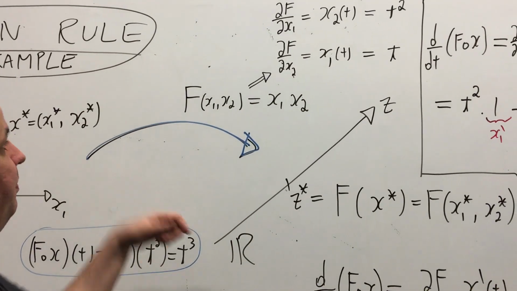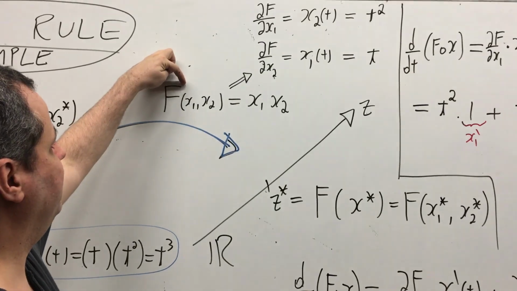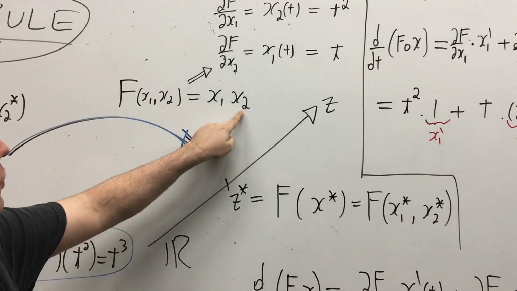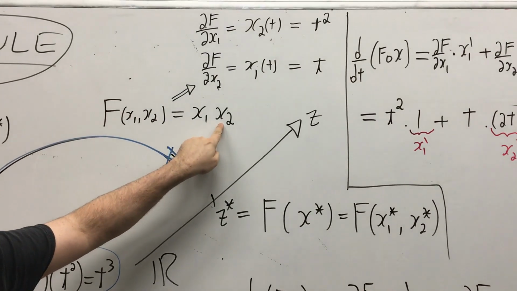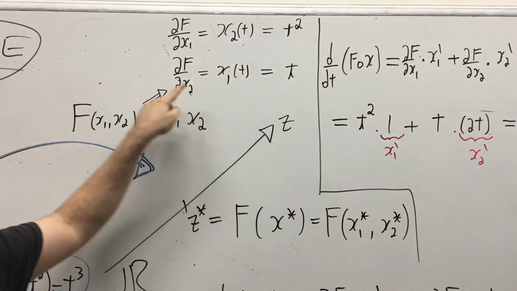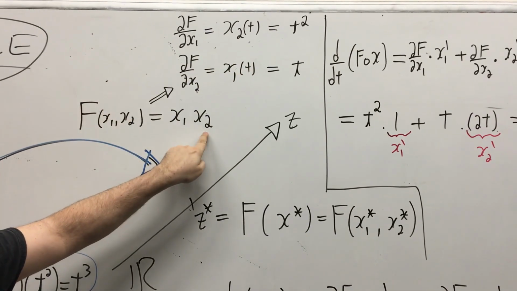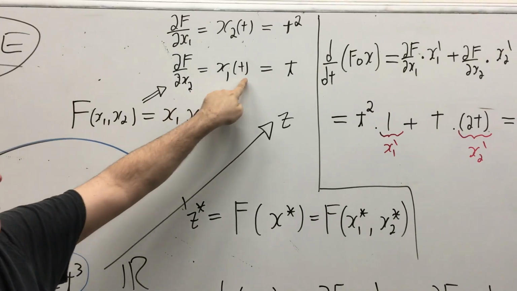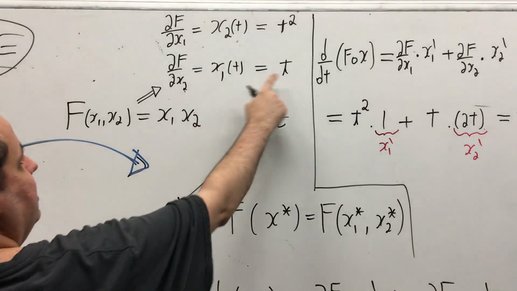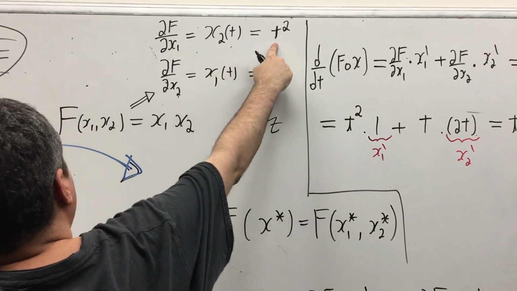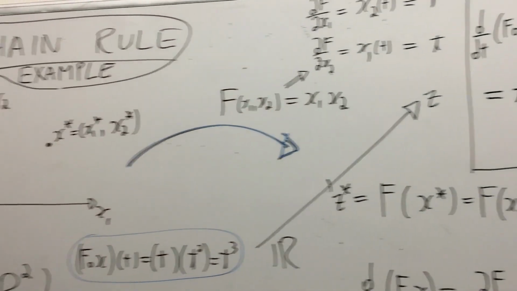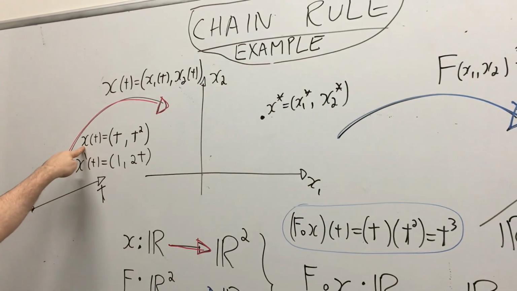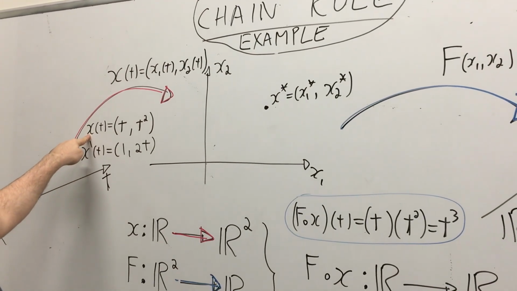In particular, the partial derivative with respect to x1 is x2, and the partial derivative with respect to x2 is x1. And we know x1 of t is t and x2 of t is t squared, by the definition of function x, right?